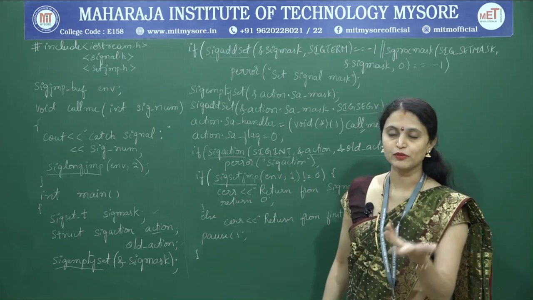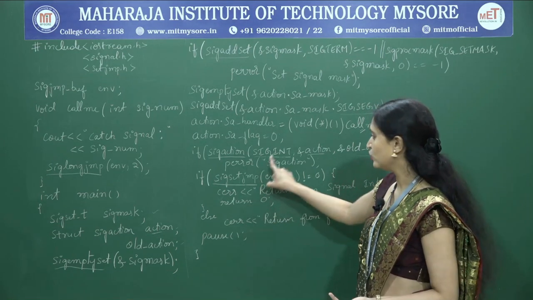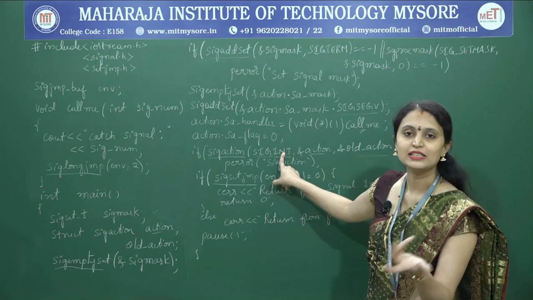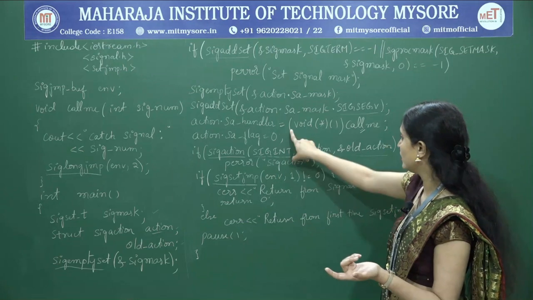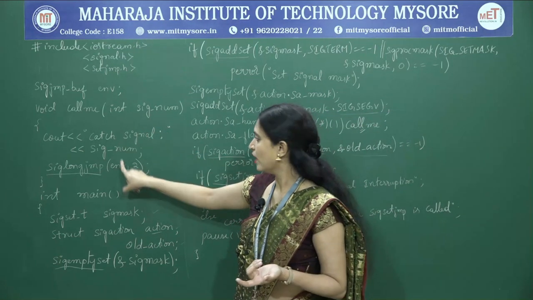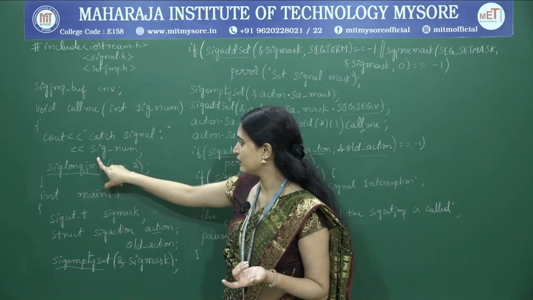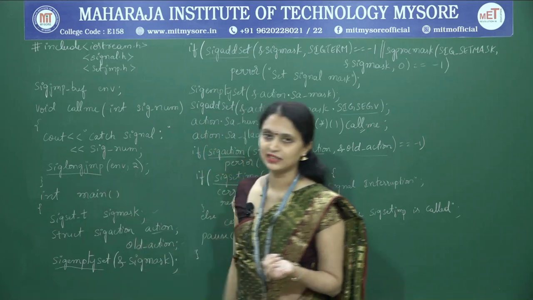What is the corresponding signal handler for SIGINT? The signal handler for SIGINT is callme. The control comes here, it prints the caught signal followed by the signal number, and then siglongjmp will be executed.